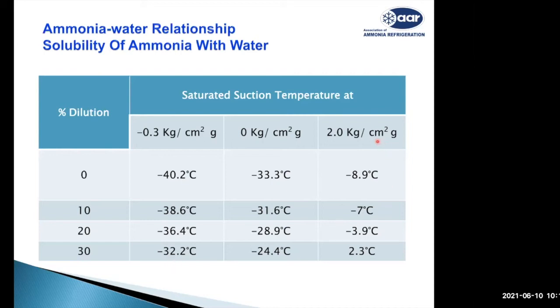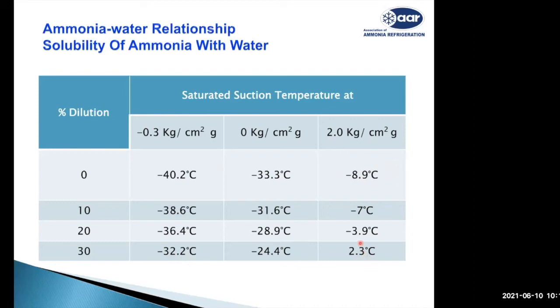If I'm running a potato cold storage or a chiller plant to generate, say, 0 degree room temperature at my 2 kg pressure and minus 9 evaporating, I'm getting 0 degree room temperature. Now I'll be running at plus 2.3 evaporating. So my room temperature would be 9 to 10 degrees centigrade.